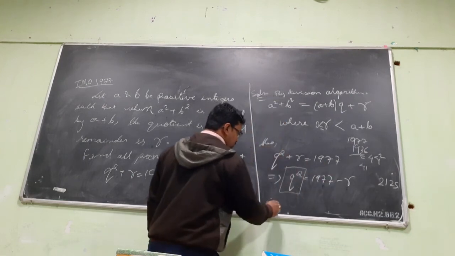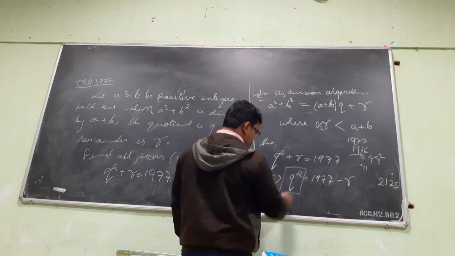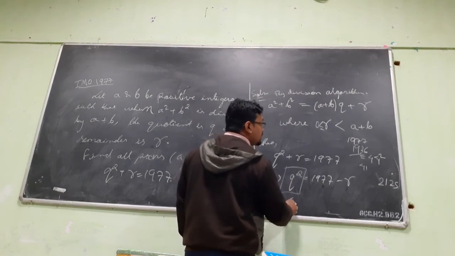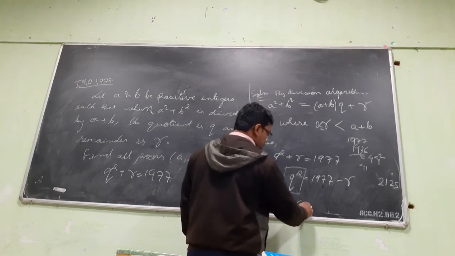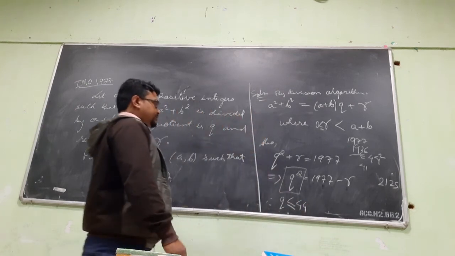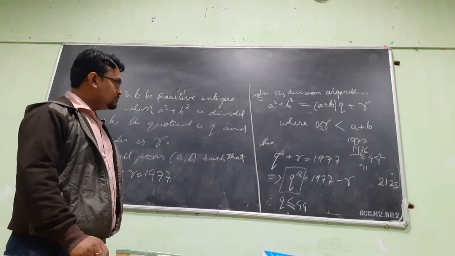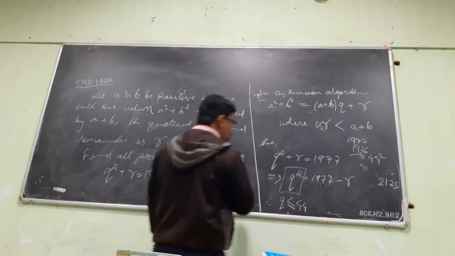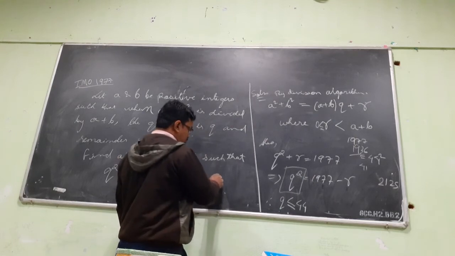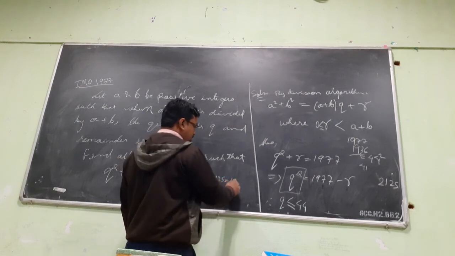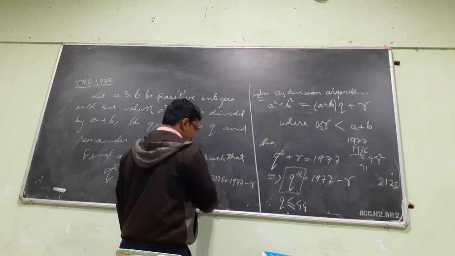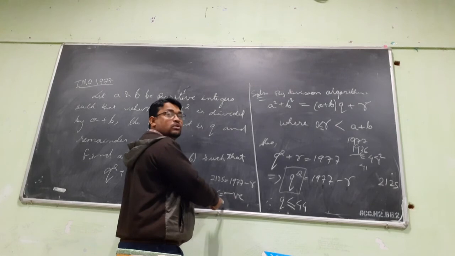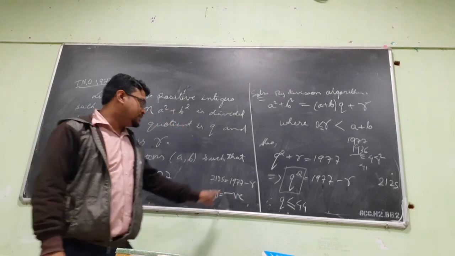So Q should be less than or equal to 44, otherwise R will become negative.